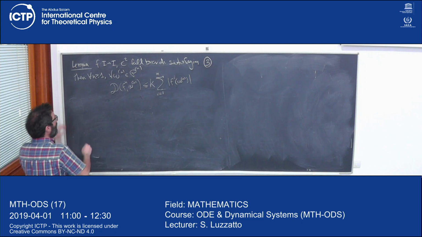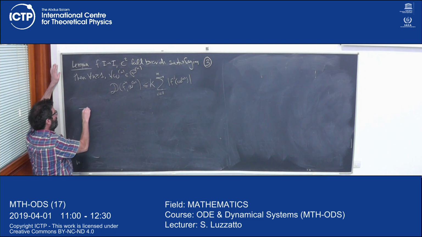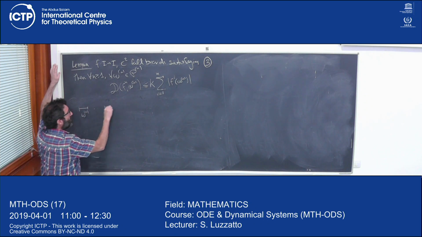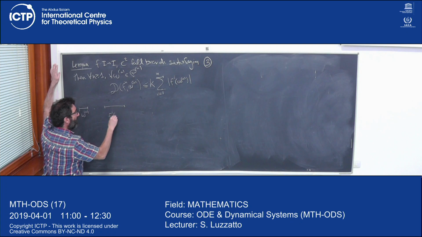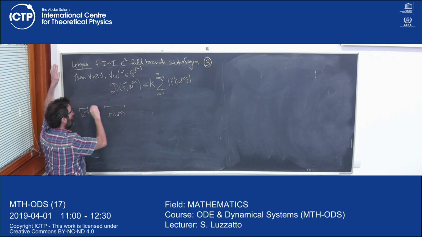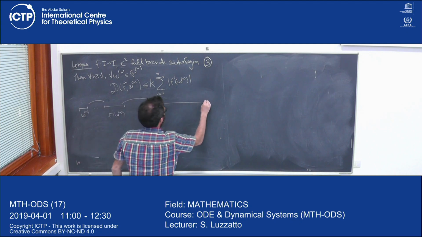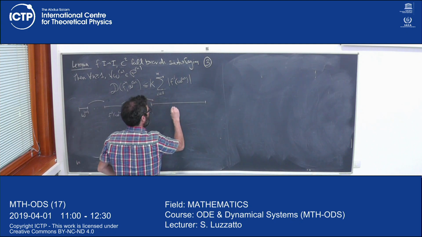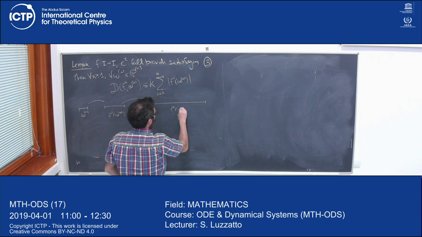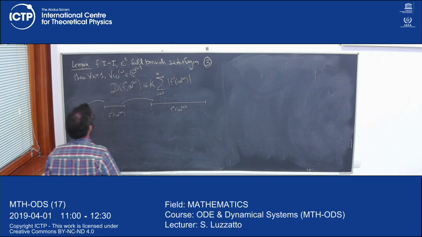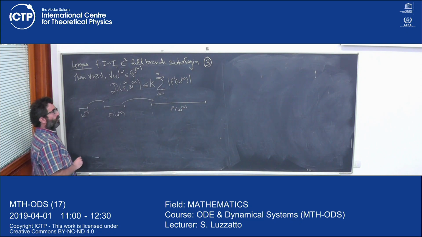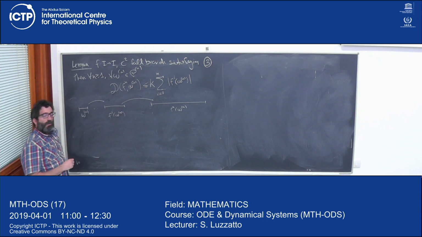So this is the picture: we have our omega n, and then here some intermediate f_i of omega n, and at the end we have f_n of omega n, and we want to sum all the lengths.